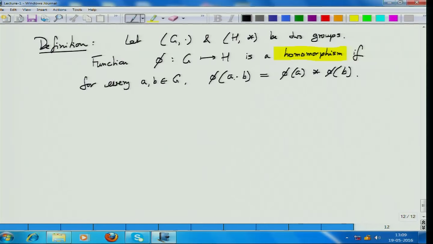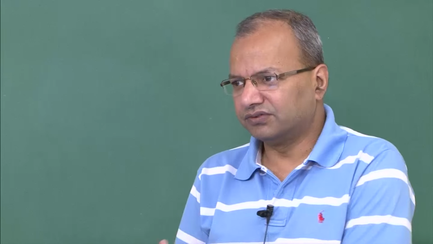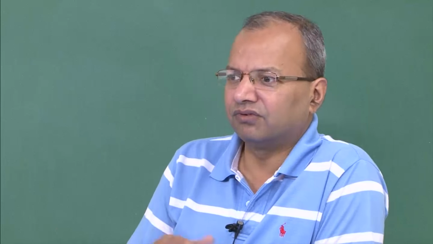Phi of A dot B, where dot is the group operation of G, is the same as phi of A star phi of B, where star is the group operation in H. So it doesn't matter whether we first do the group operation in G and then apply phi, or first apply phi and then do the group operation in H. So this is also in a way saying that phi preserves the group operation while moving from G to H.